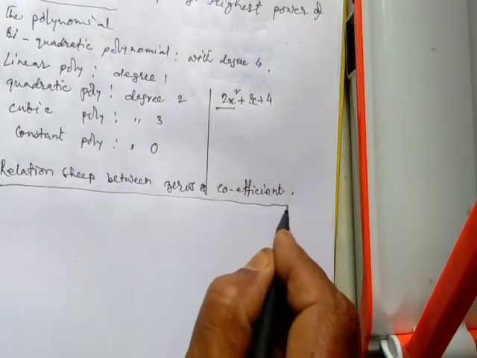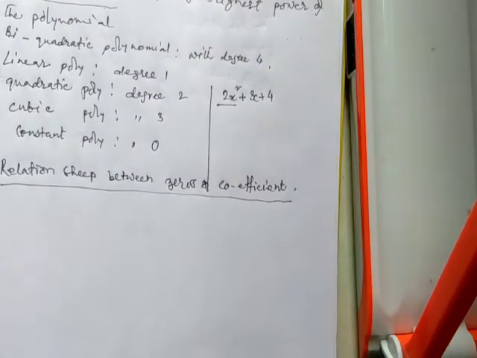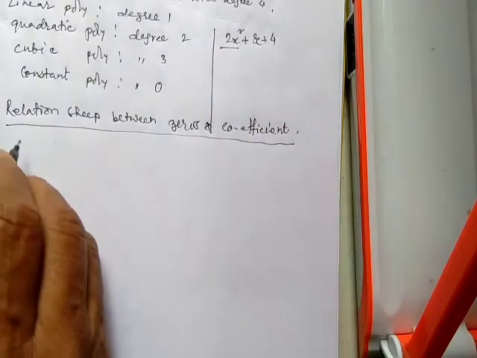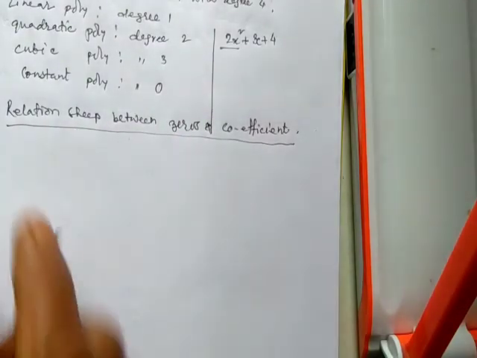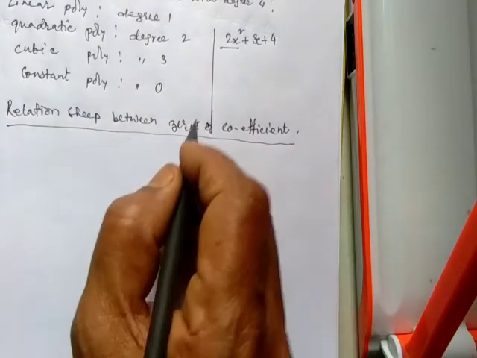Just I want to take one example to proceed. What are zeros?